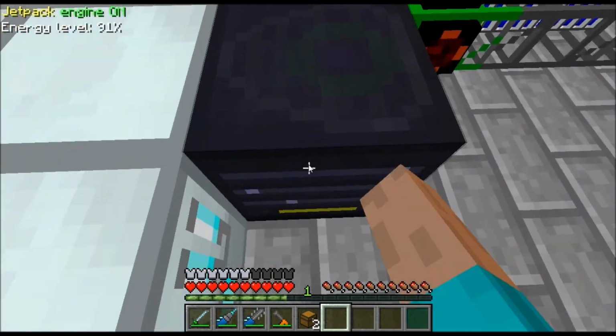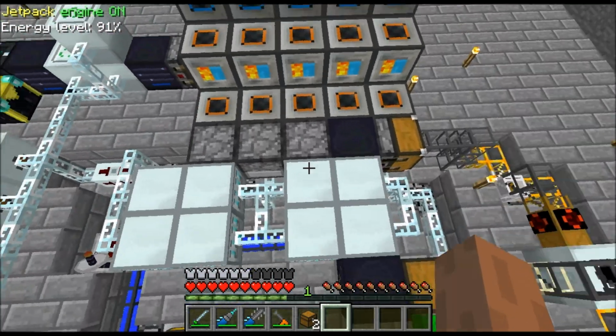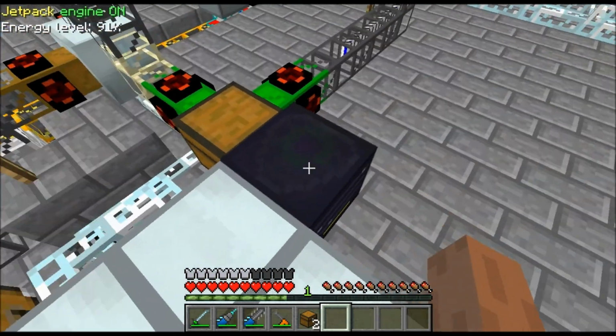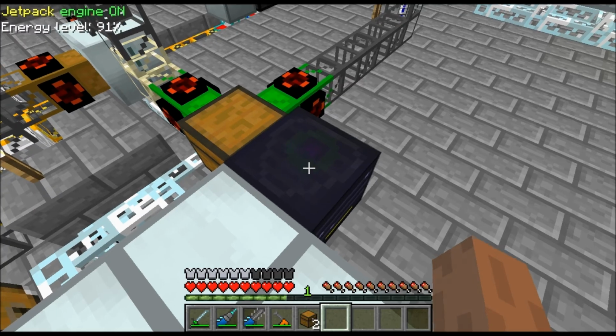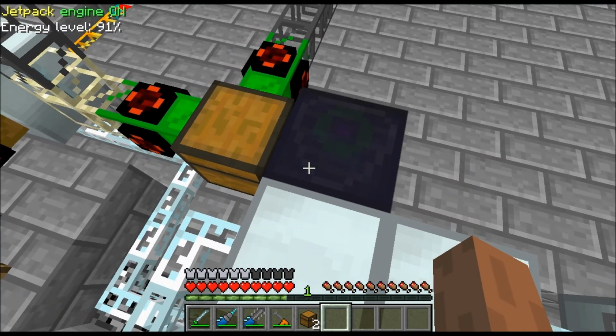This router is able to see all 8 machines because of the furnace wire that's over there. It extracts from the south sides, from the electrolyzers, and then it ejects to the west. So it has an ejector upgrade and a machine upgrade.